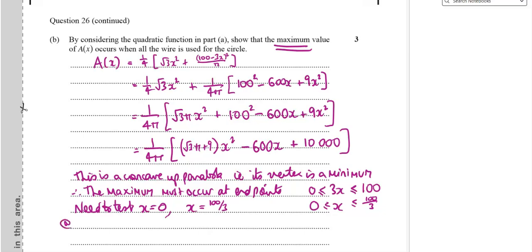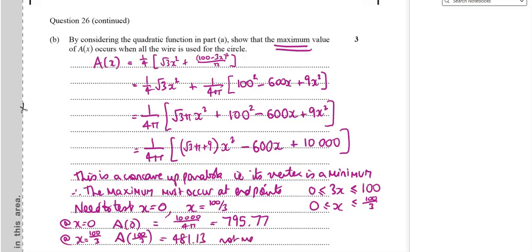Okay, at x equals 0, A(0), when substituted into the above, just gives us 10,000 on 4 pi, which is 795.77. At x equals 100 on 3, A(100/3) equals 481.13, which is clearly not the max.